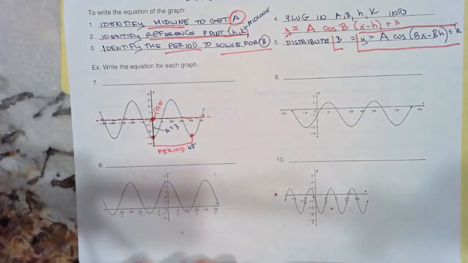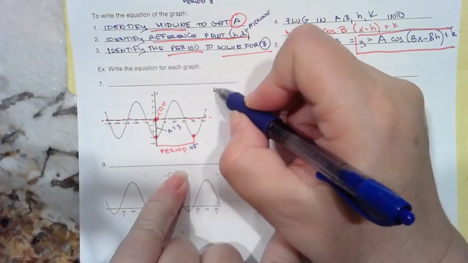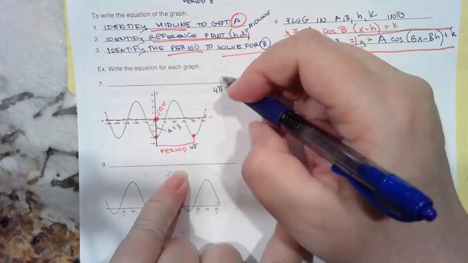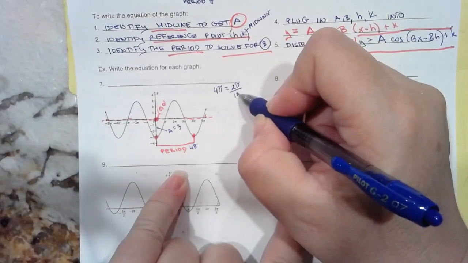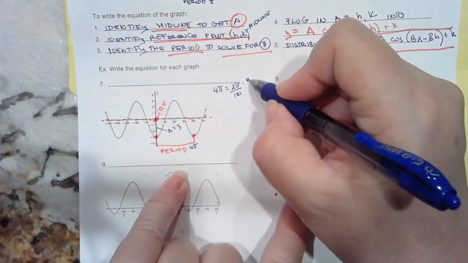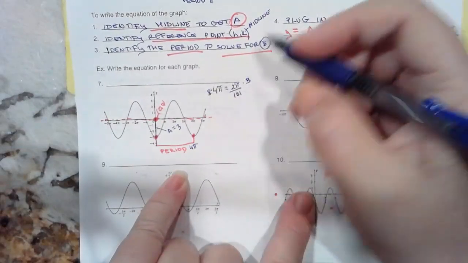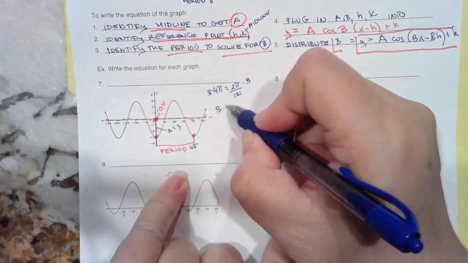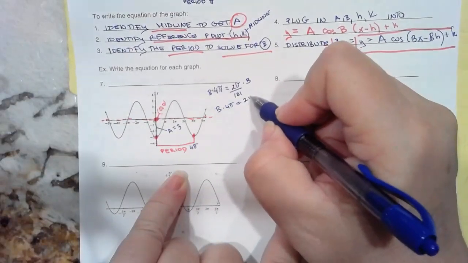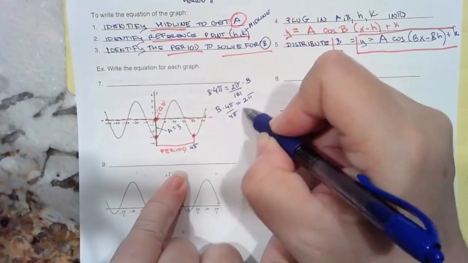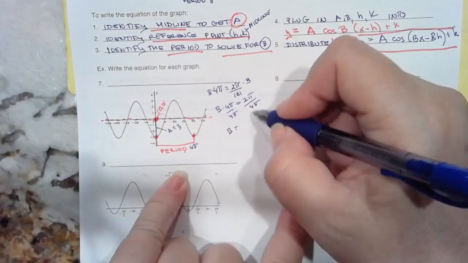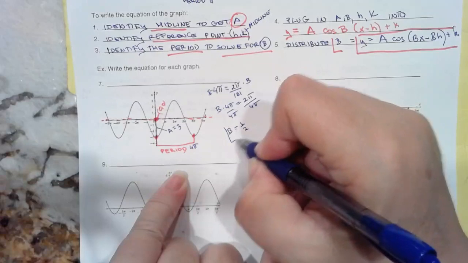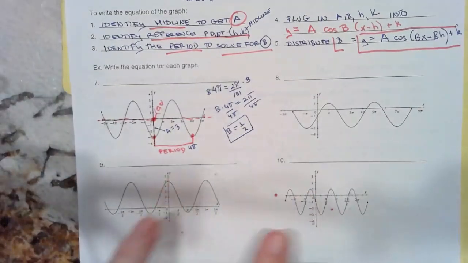Now that you have your period, 4 pi is equal to 2 pi over the absolute value of b. Multiply both sides by b, so b times 4 pi equals 2 pi. Divide by 4 pi, the pi's cancel, and b is equal to 1/2.